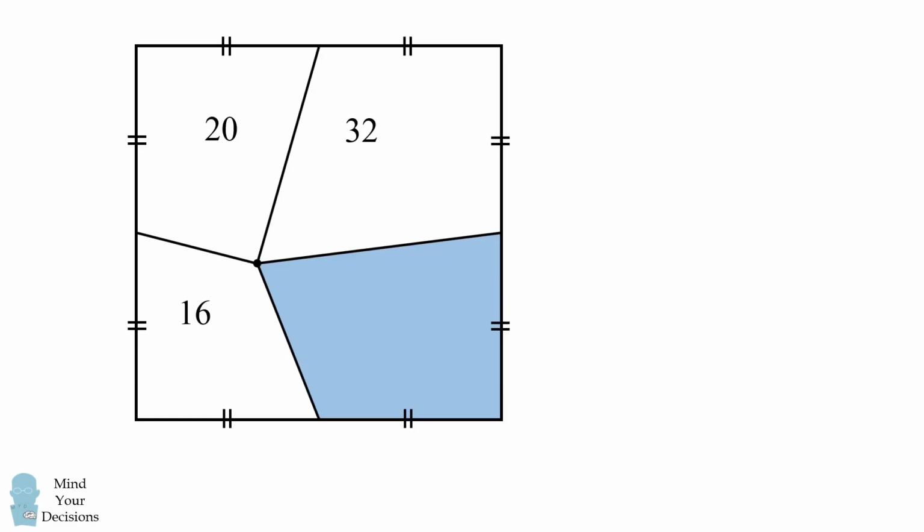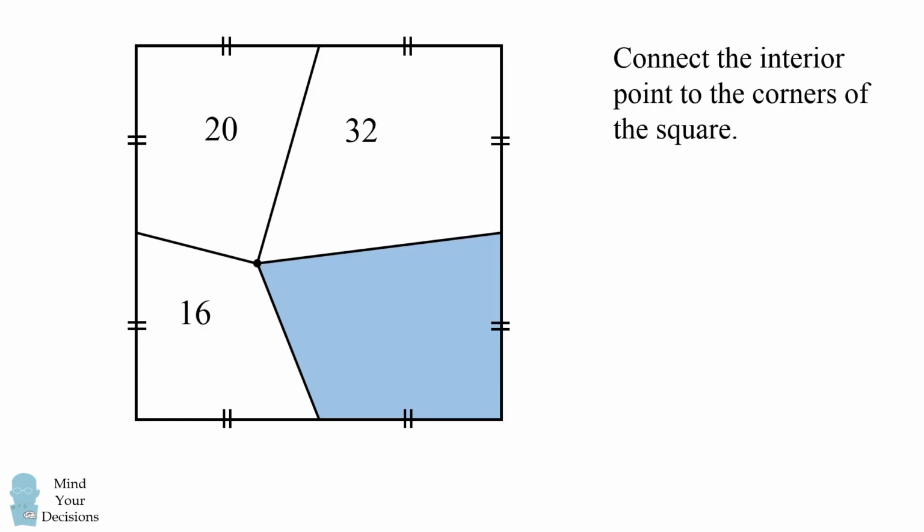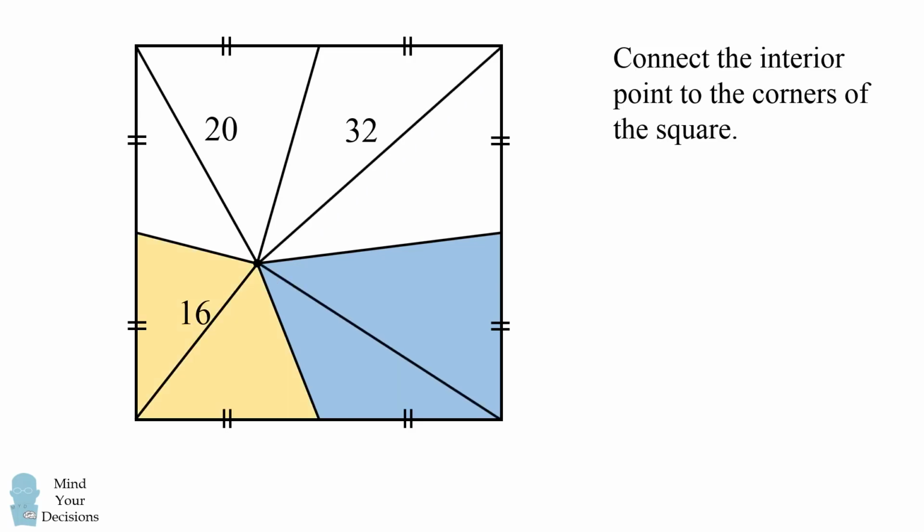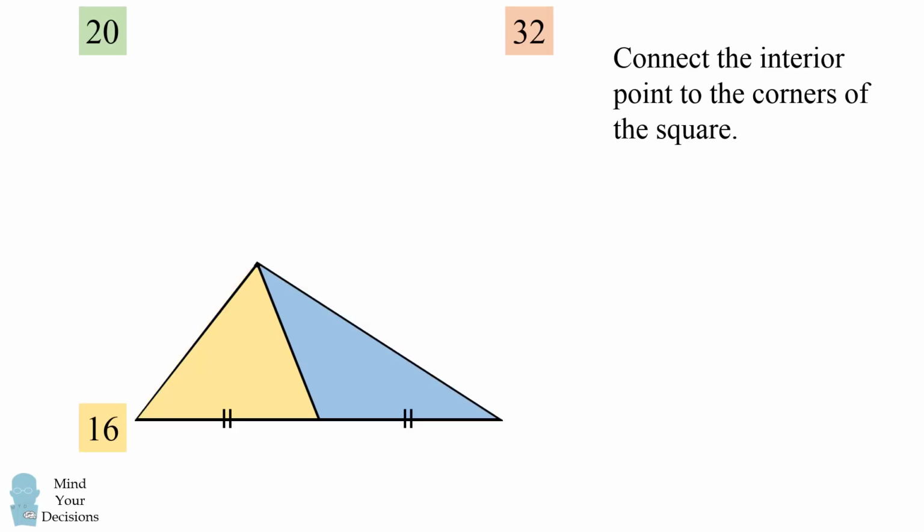We'll go back to our diagram. Now, connect the interior point to the 4 corners of the square. This is going to divide the square into 8 different regions. I'll color code these regions to make it a little easier to keep track of the areas. Now, focus on just these 2 triangles which are along the bottom side of the square.